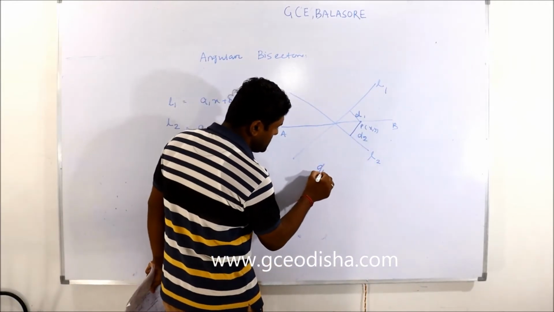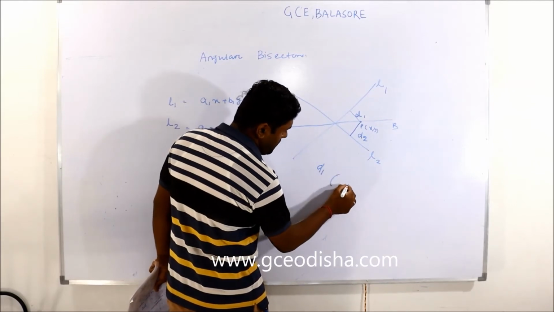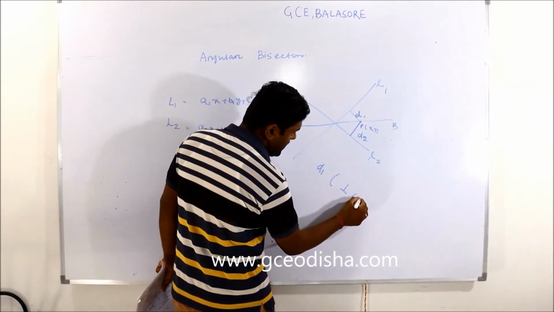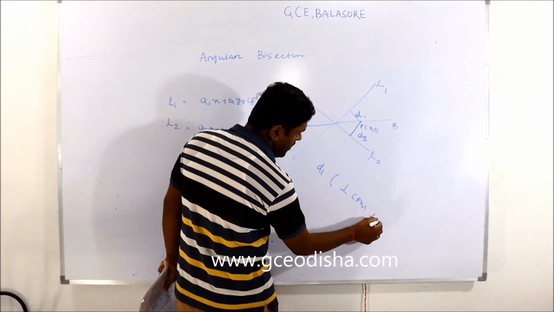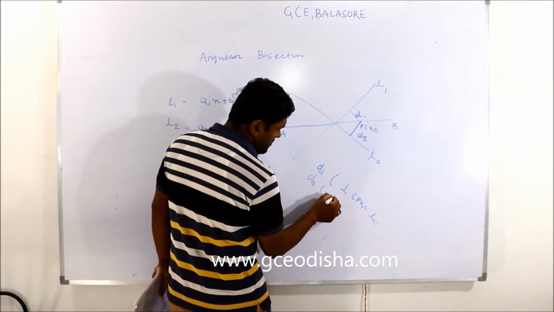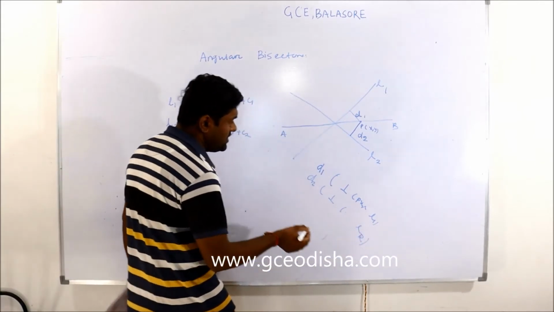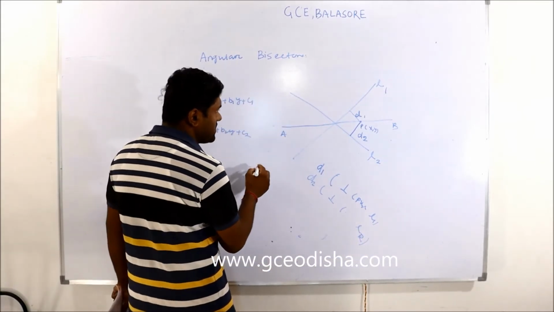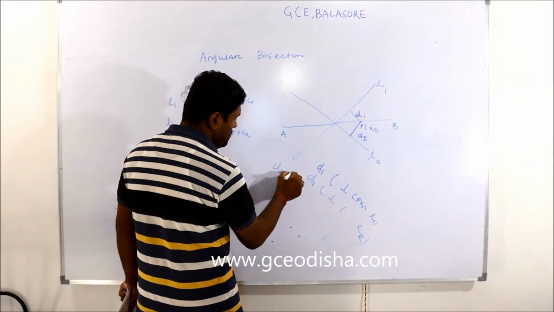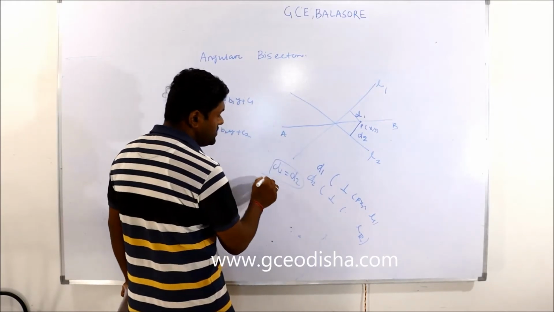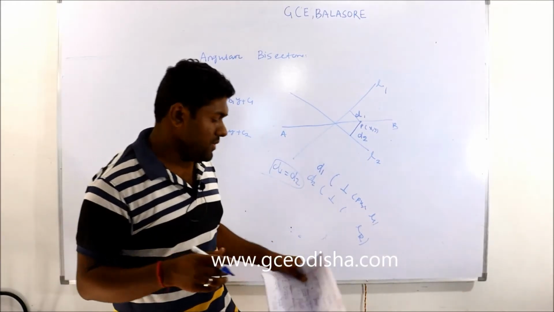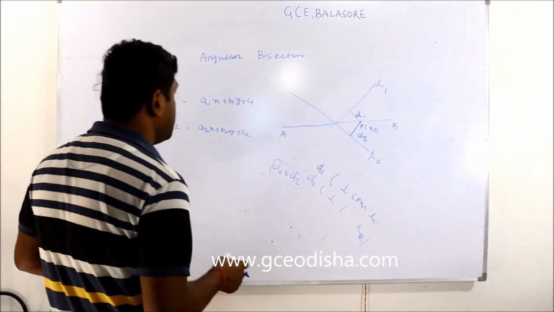D1 is the perpendicular distance from the point P(x,y) to line L1, and D2 is the perpendicular distance from P(x,y) to L2, right? In case of angular bisector, D1 equals D2.